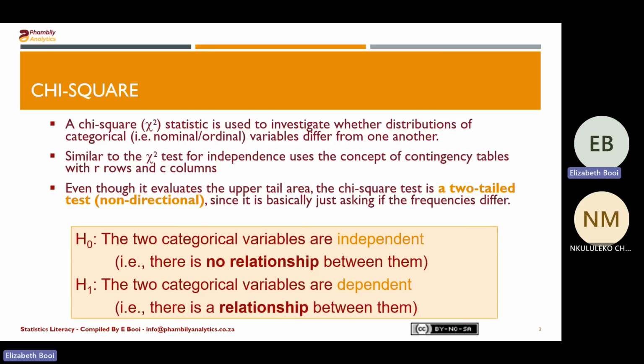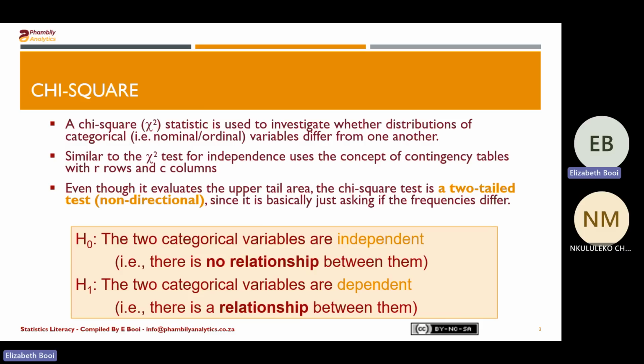So how do we state the null hypothesis and the alternative hypothesis when we deal with chi-square? The null hypothesis, which is what the researcher wants to prove, will always say the two categorical variables are independent. Always remember that.